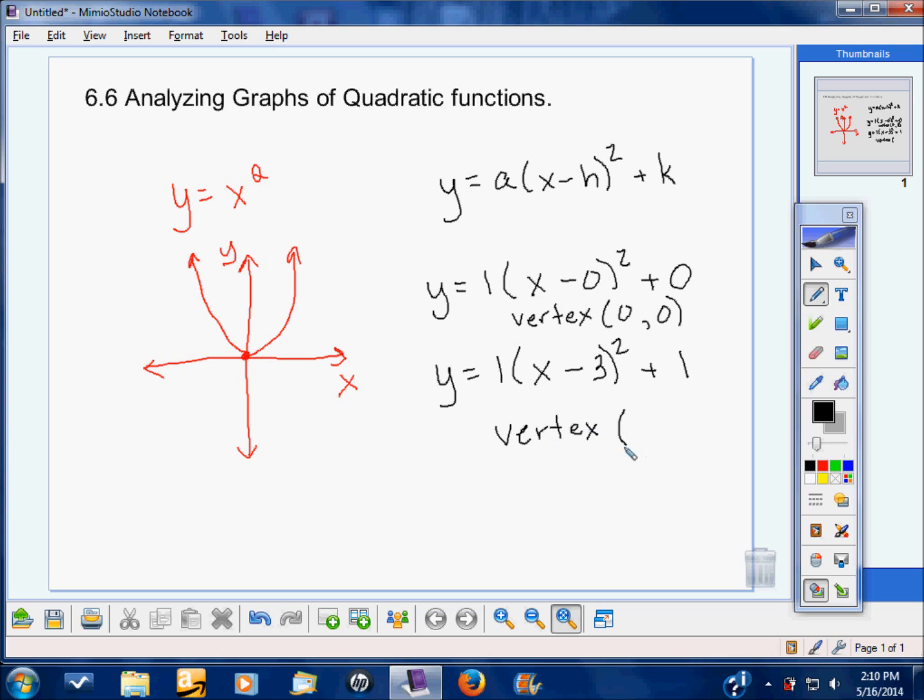Philip, where do you think the vertex would be for this one? 3, 1. Good. Nice. Notice if it's in this format, where you have x minus h squared plus k, the vertex will always be (h, k).